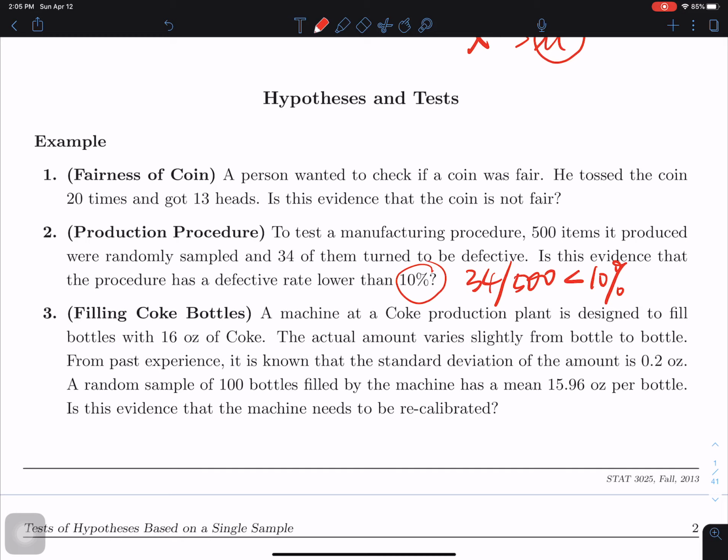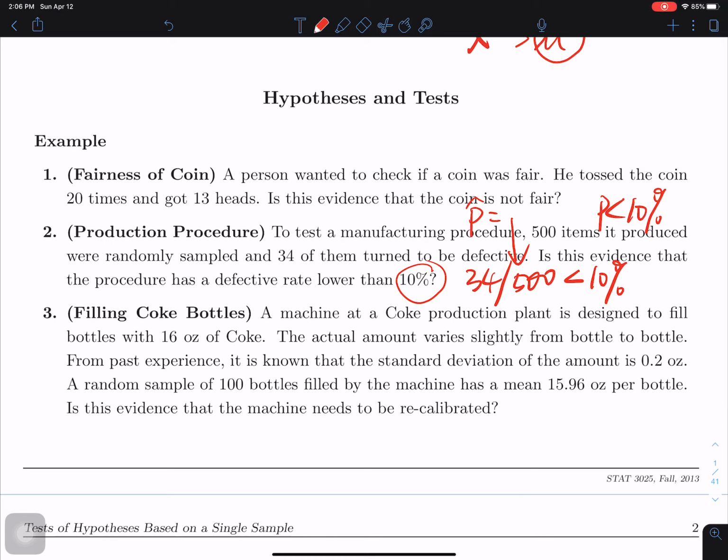So we would like to know whether the parameter proportion P is less than 10%, while my P hat is 34 over 500. The third example, a machine at a Coke production plant is designed to fill bottles with 16 ounces of Coke, and the actual amount varies slightly from bottle to bottle.